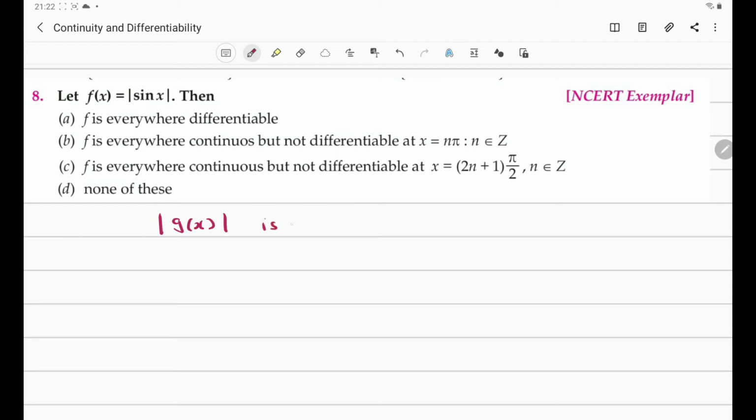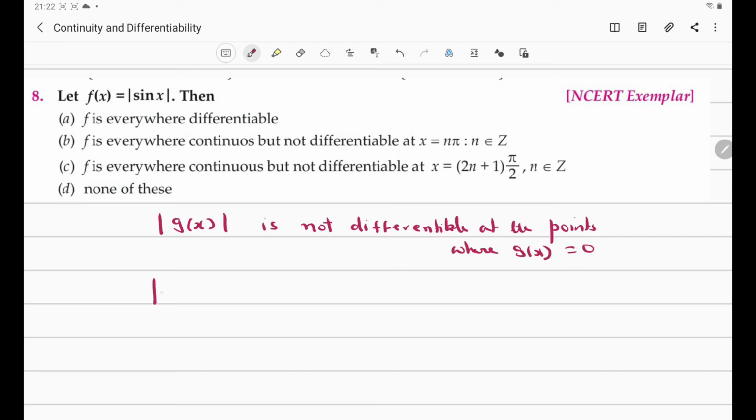So, modulus of g of x is not differentiable at the points where g of x is equal to 0.